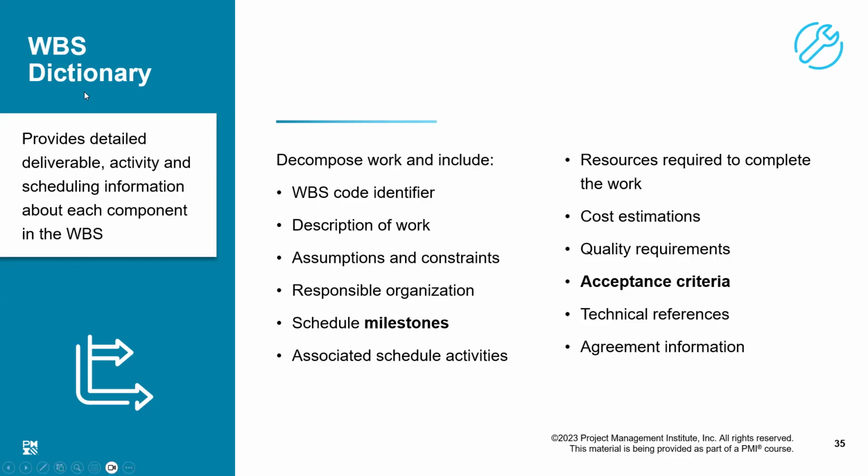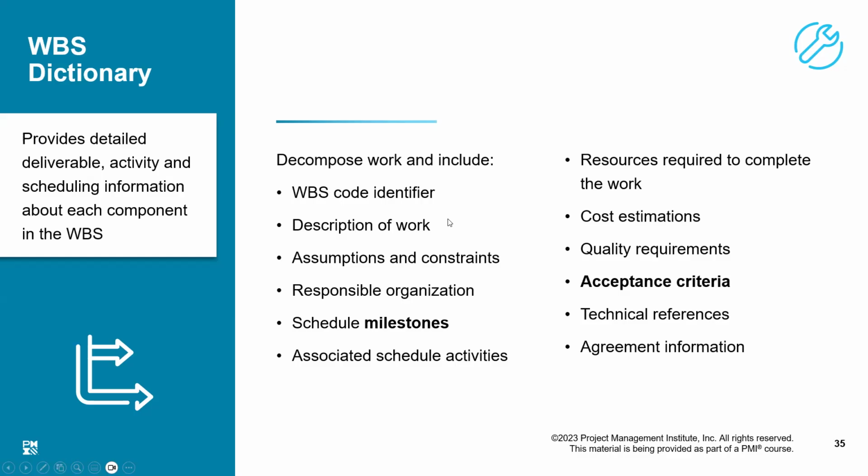Just to clarify this, there's a WBS dictionary that the project manager needs to create. Is it separate, or is it in the WBS too? It is a separate document.